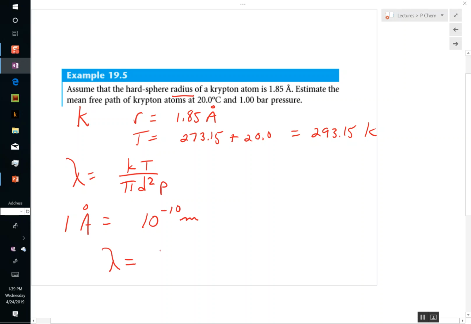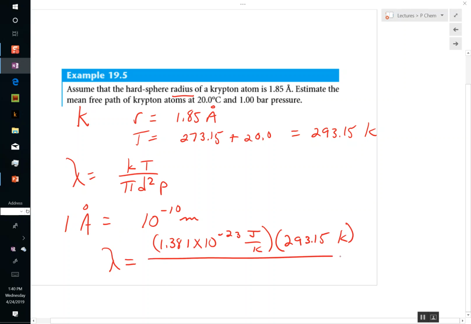So lambda equals Boltzmann's constant, 1.381 times 10 to the negative 23, times T. Pressure should be in meters squared. It's got 100 joules equals 1 liter bar.